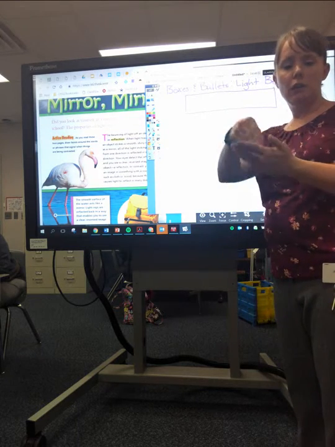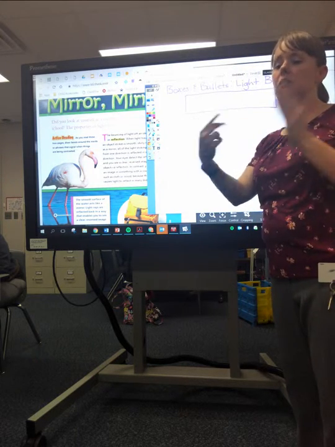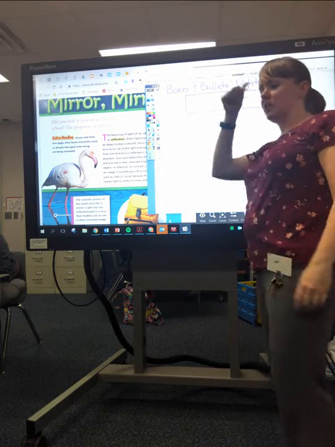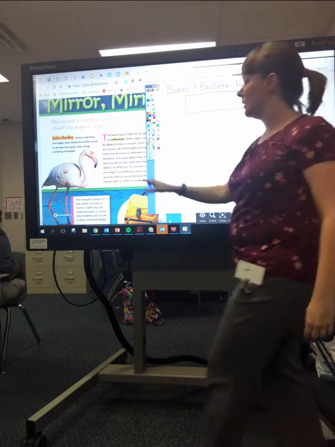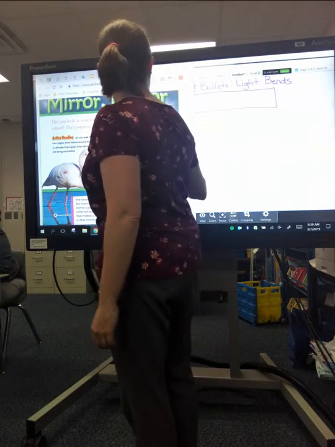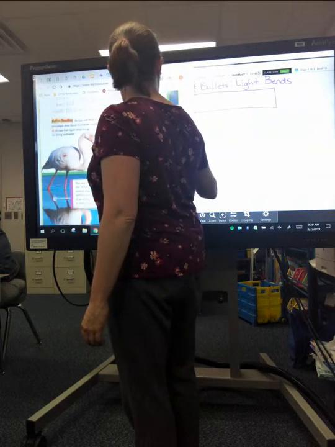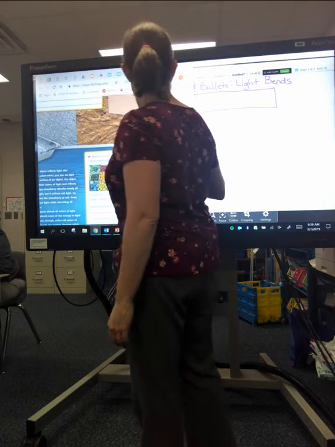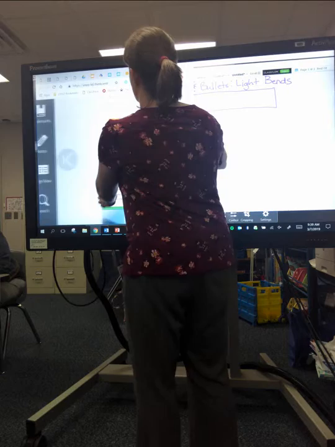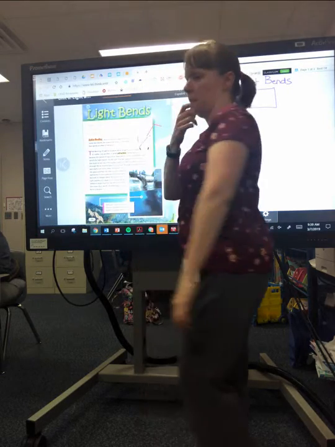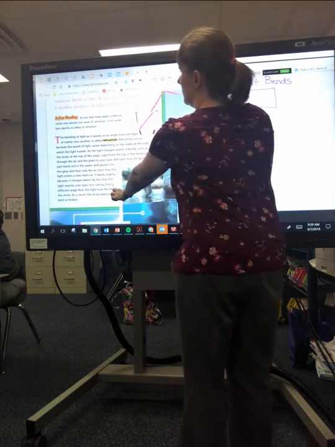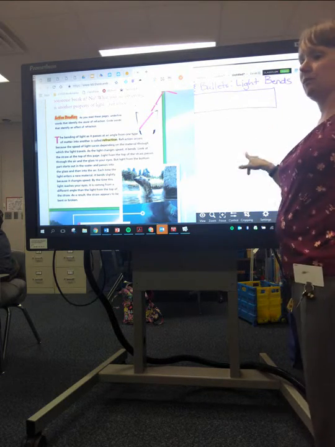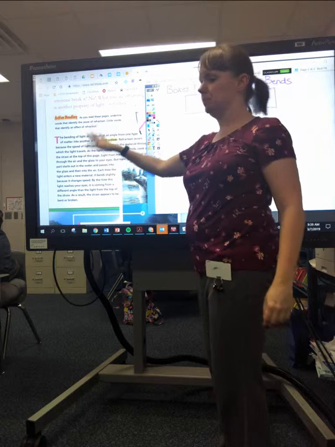If before we took notes about reflection, what do you think is going in this box, Ashley? Which word do you think we will write here?